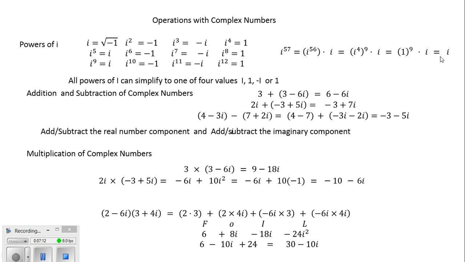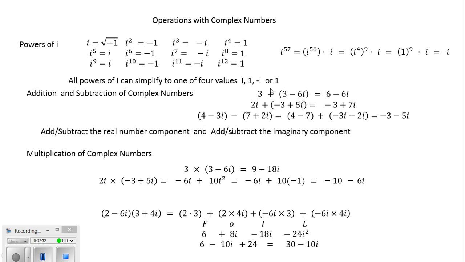Now we talk about operations with complex numbers. It's basically down here, as I said: add or subtract the real number component and add or subtract the imaginary component. So 3 plus the complex number 3 minus 6i.